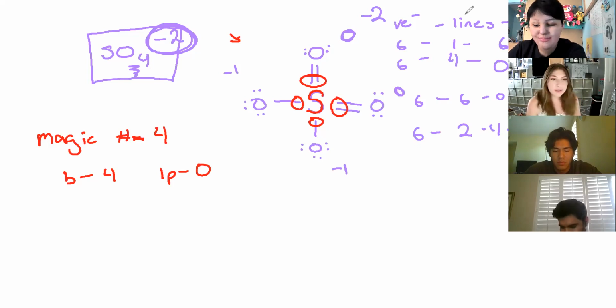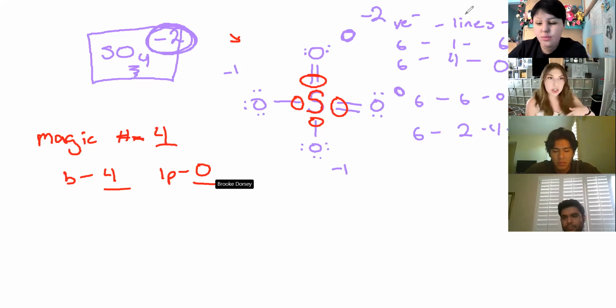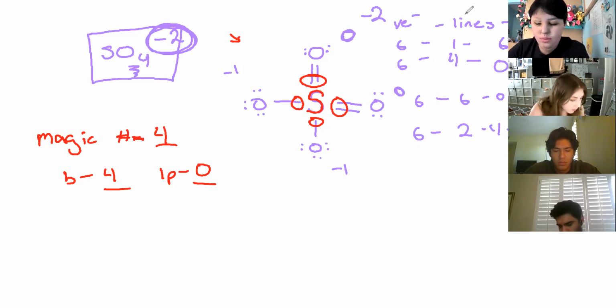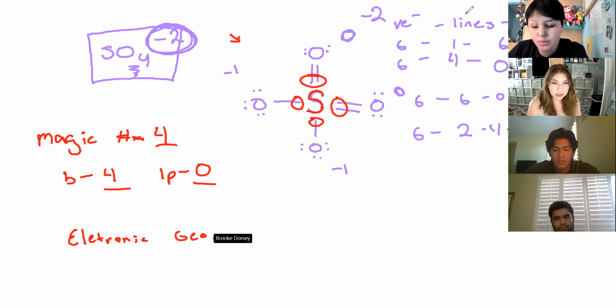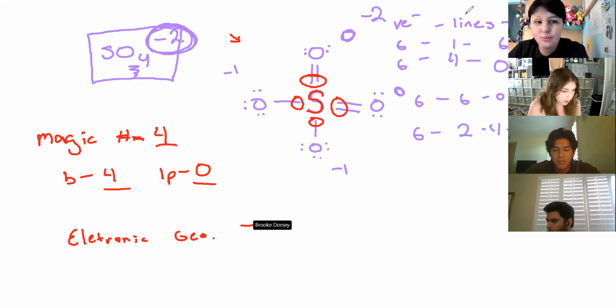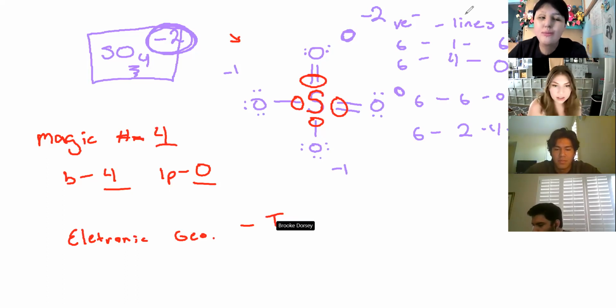Yay. So based off this information, the 4, 4, and 0, you can take a look at the chart that you have and just follow it down. What is our electronic geometry? Tetrahedral. Good.